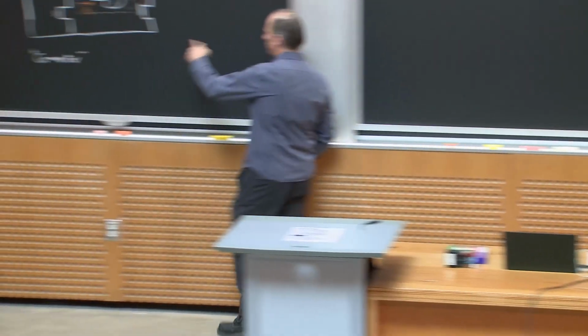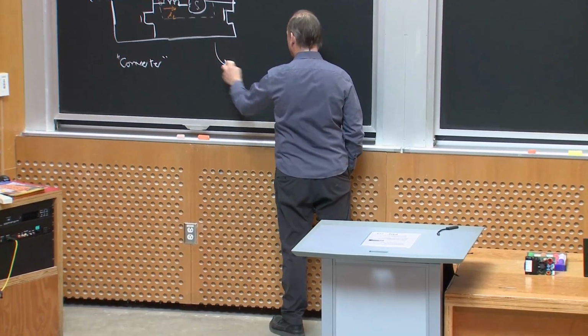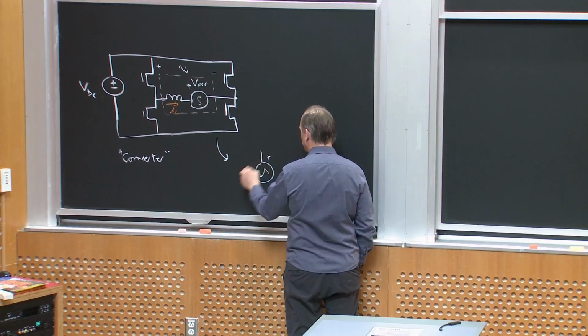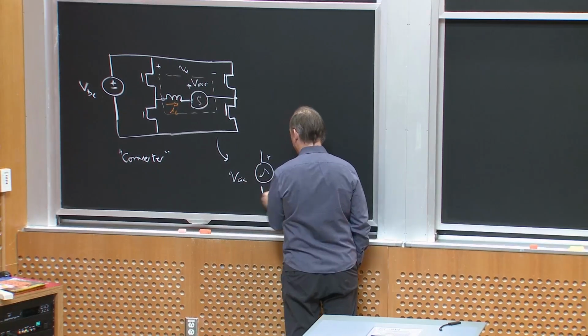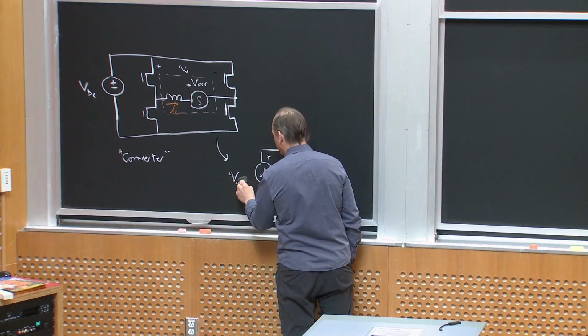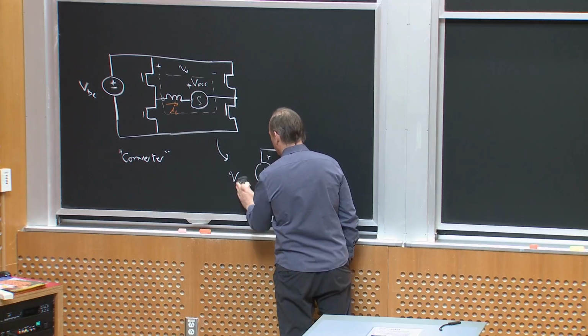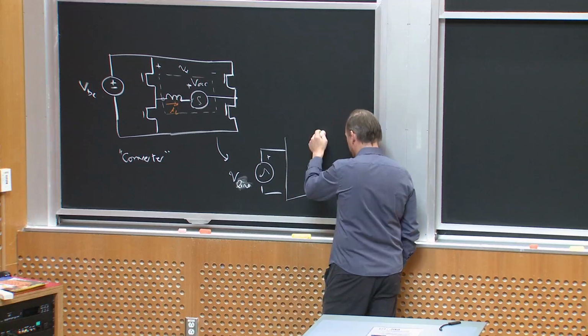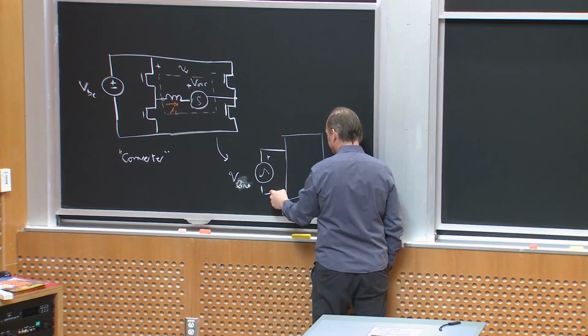Maybe I might draw this generalized box as something like this. I have some AC voltage, VAC, that's the line voltage typically. Maybe I'll call it V line. It goes into a box, okay?